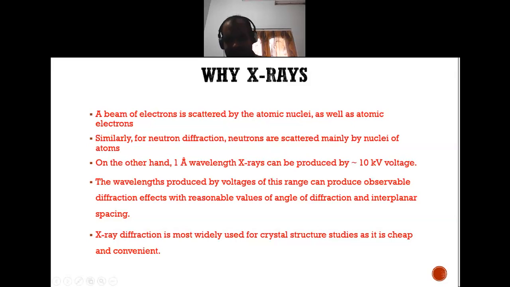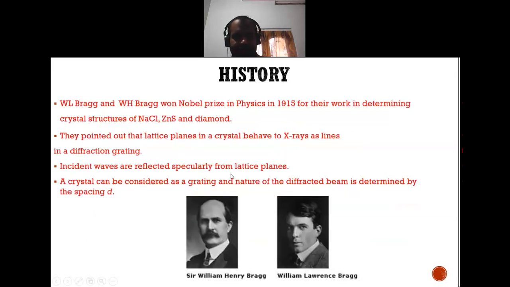X-ray diffraction is widely used as compared to electron diffraction or neutron diffraction, whose experimental setups and arrangements are much more expensive and complex.